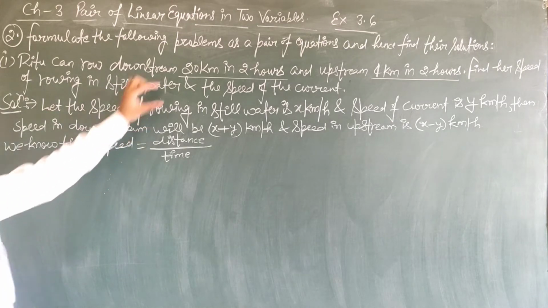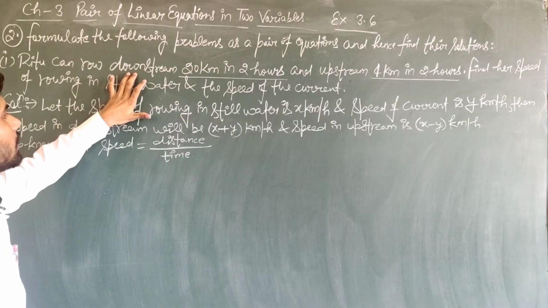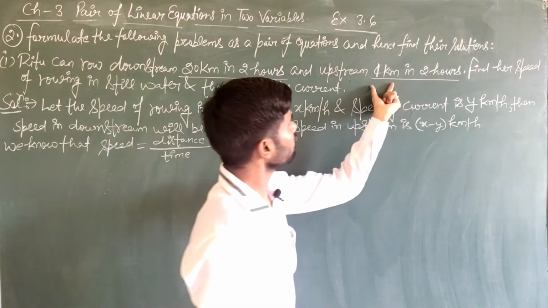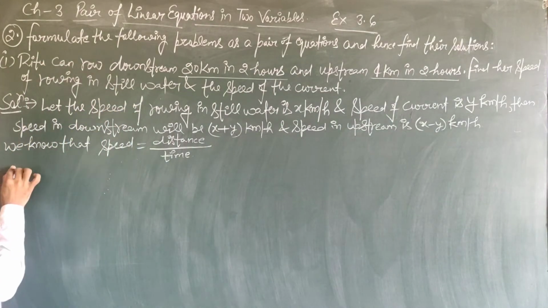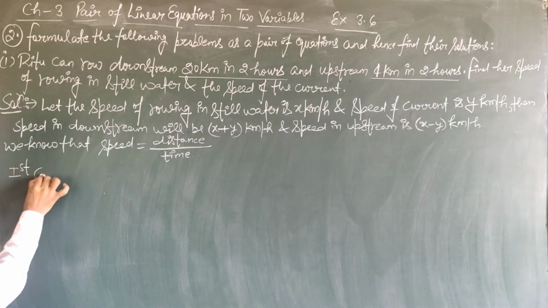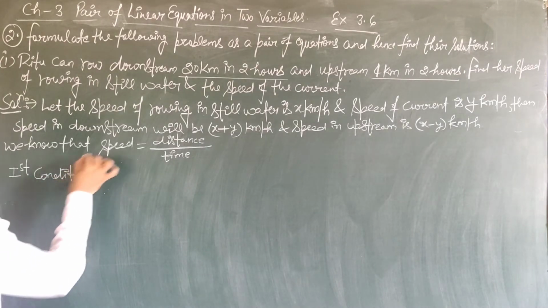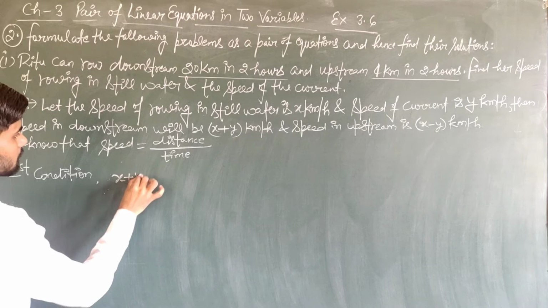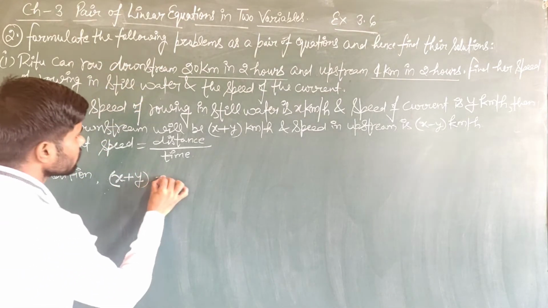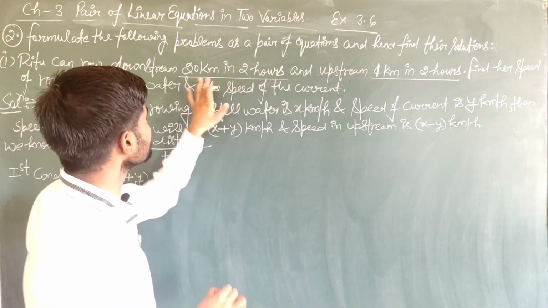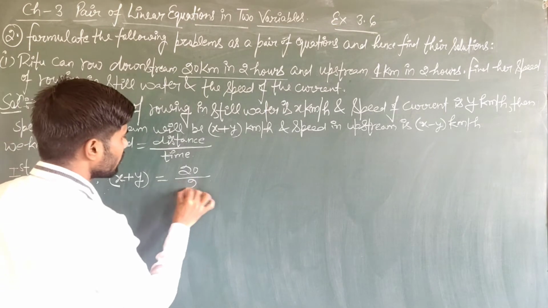The first condition is 20 km in 2 hours downstream, and the second condition is 4 km in 2 hours upstream. Now from the first condition, speed is x plus y, that is downstream, equal to distance 20 km upon time 2 hours.